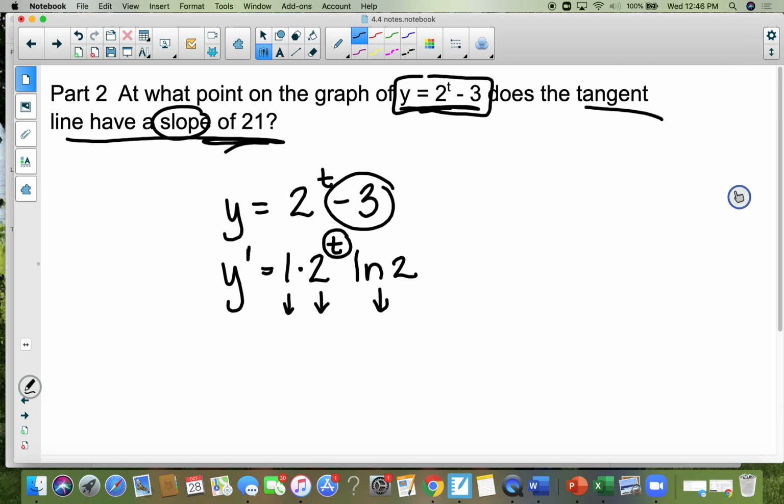And then what you're going to do is, in place of the y prime, you're going to put 21, and you're trying to get t. So you're going to take 21 divided by the natural log of 2 equals 2 to the t.